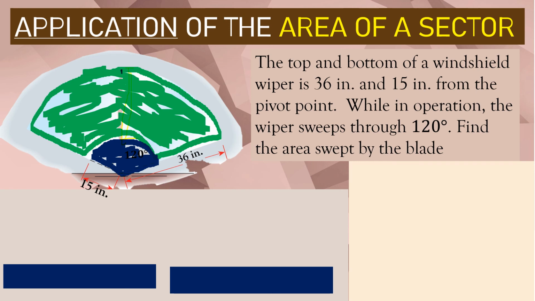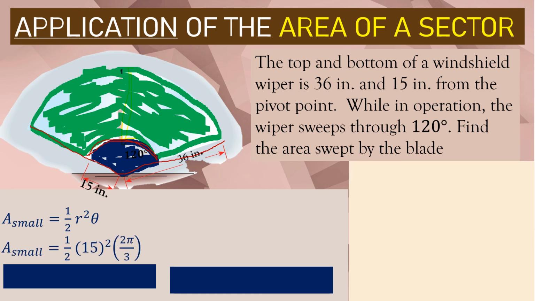Okay, it is as simple as getting the entire area of the sector, and later we will remove this area in blue so that the area left is just the green portion. Okay, so let's do it. Area of the small sector is 1/2 r squared theta.